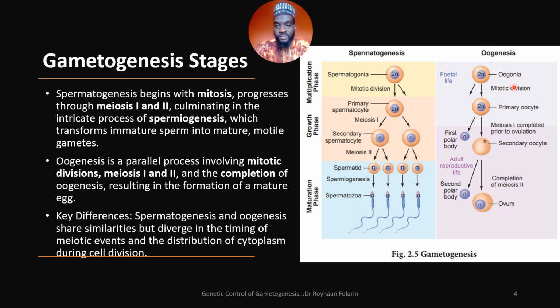But in the female, the bulk of the oogenetic stages happen in fetal life, and they only get completed after arrest at meiosis 1, prior to ovulation.